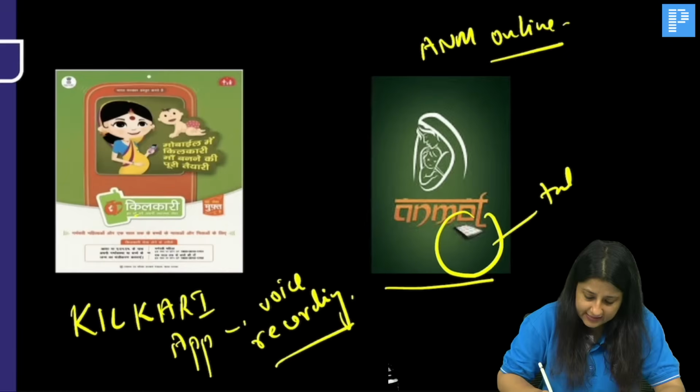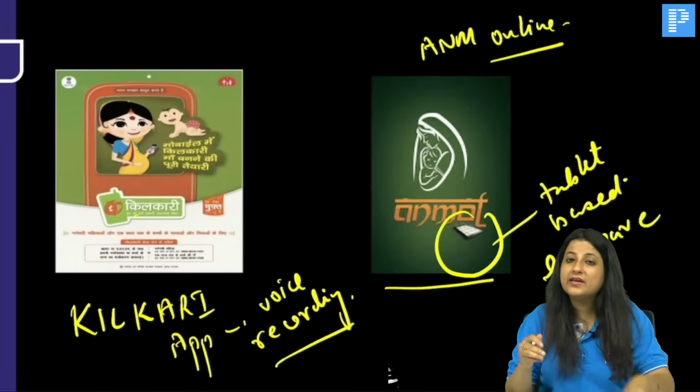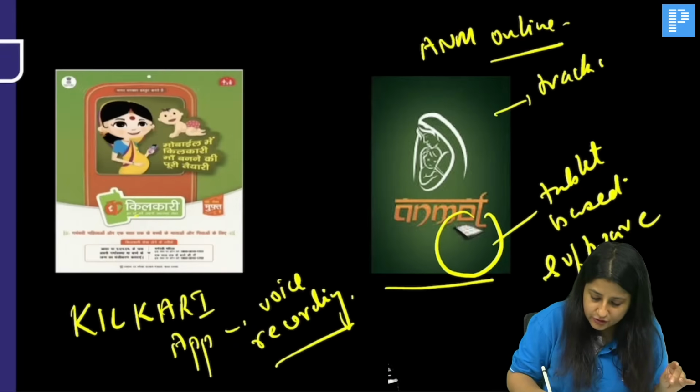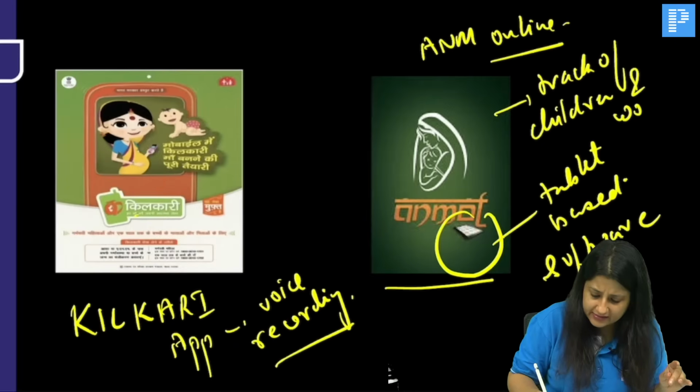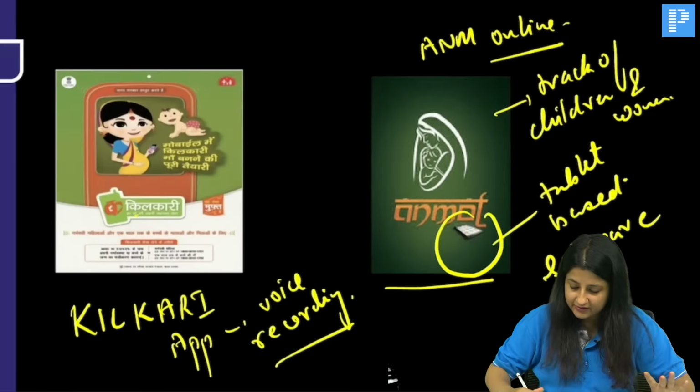You can say tablet based. All right, this is your ANM tablet based software, which is given to an ANM. And what is she doing in this? She is maintaining a track of all children, women, couples, eligible couples, everybody. ठीक है, so it's like don't write in a register, take a tab, make her work easy.